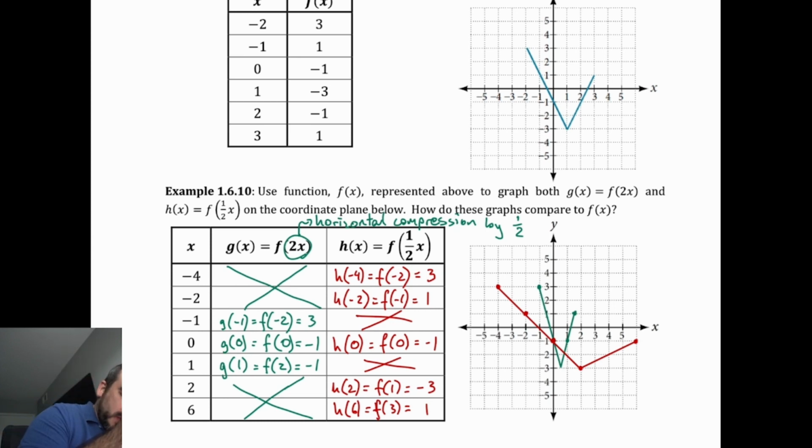Oh, I'm sorry. It's 6 comma 1. We graphed that wrong. That last point was graphed wrong. 6 comma 1 is up here. There we go. Okay, now it's preserved, which is what we expect to see.